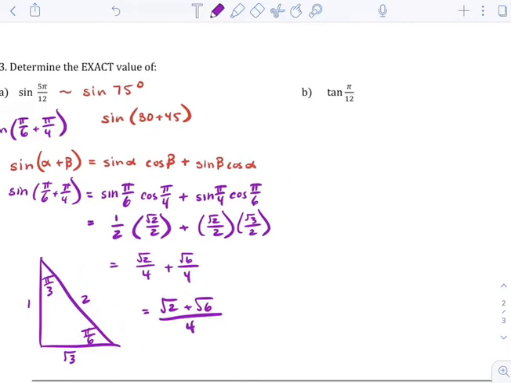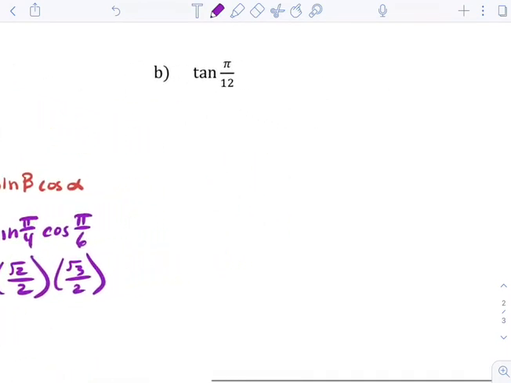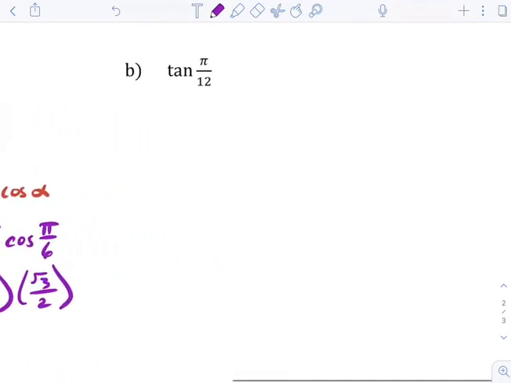So let's keep going along here. Tan pi over 12. How do we get that? Well, maybe we think of this in terms of degrees as well, if that's what you're most familiar with. In order to get degrees, I'm going to have to put 180 divided by 12 because the pi's will cancel out. I'm looking for tan 15 degrees essentially.